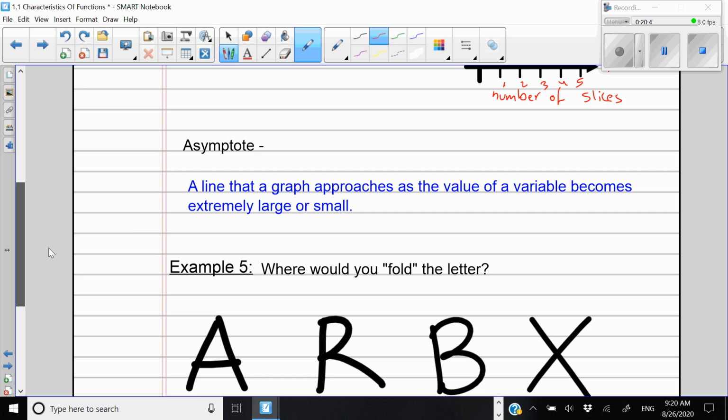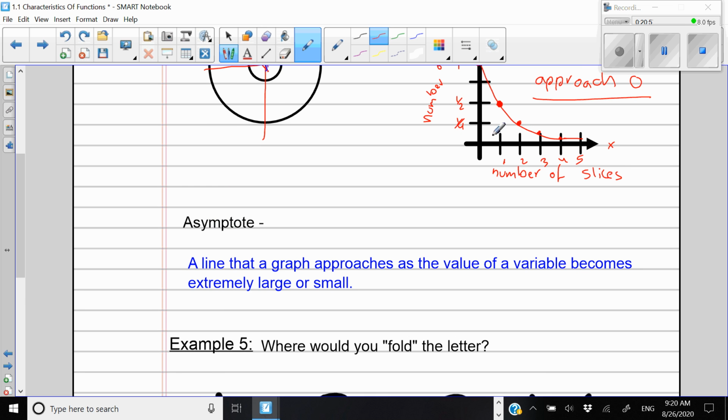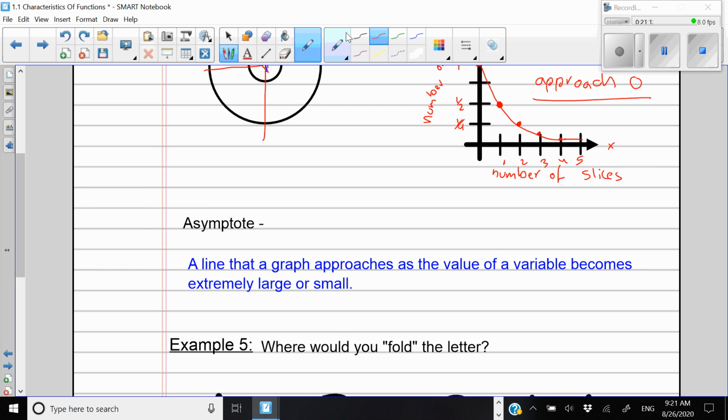That's called an asymptote. That's a line that a graph approaches as the value of a variable becomes extremely large or extremely small. So you see, as my y value is getting smaller and smaller, it's getting close to zero, but doesn't ever pass zero, never gets equal to zero. So that's called an asymptote.